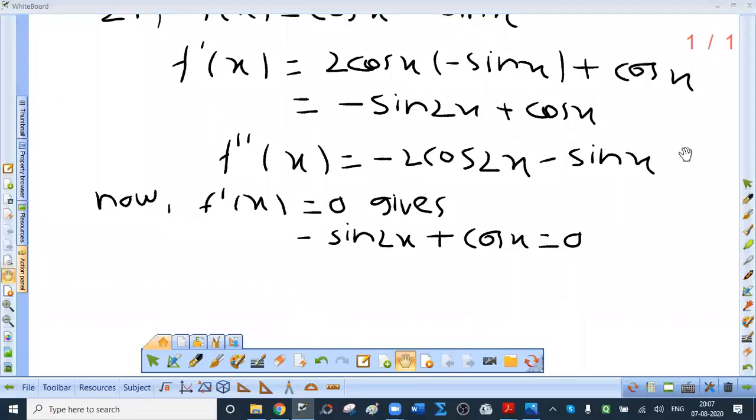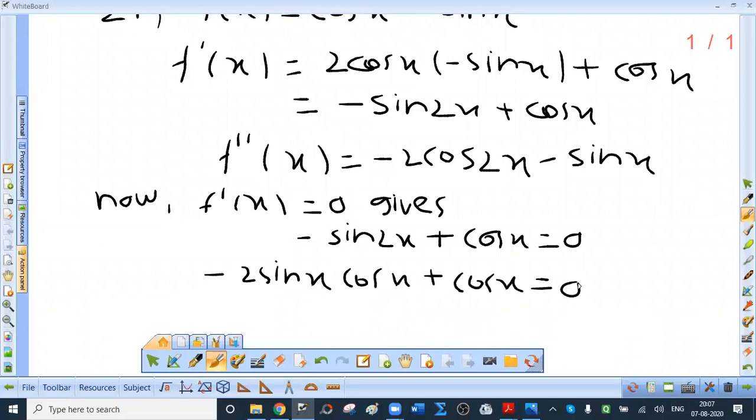So again, I think I should have kept that as it is, but no problem. Minus 2 sin x cos x plus cos x equal to 0. Take minus cos x common. So that gives me 2 sin x minus 1 equal to 0.